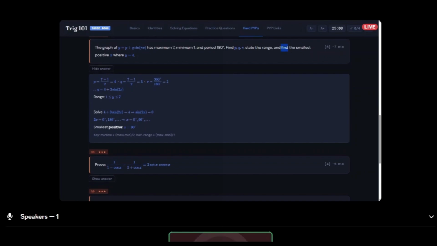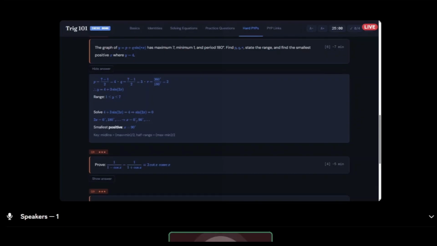And then find the smallest positive x where y equals 4. So we sub in y equals 4. So -4, so sine 2x equals 0. 2x with inverse sine of 0 is 0 and 180. So you get 2x equals 0 and 180, because if you know the graph, it goes up, down, so 0 will be at the start and in the middle, so 0, 180.